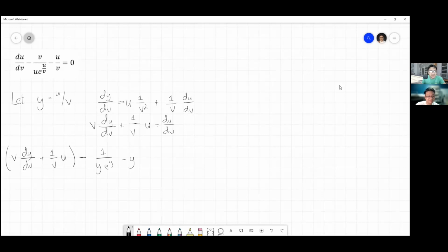Meron pa akong kulang dito na hindi na sa substitute. So, meron pa tayo ditong u. Okay? And again, u is equal to, gamit ng substitution natin, that becomes y times v. Okay? So, that is y times v. So, magkakaroon pa tayo dito, magkakancel pa tayo ng v dito. So, this becomes just y.